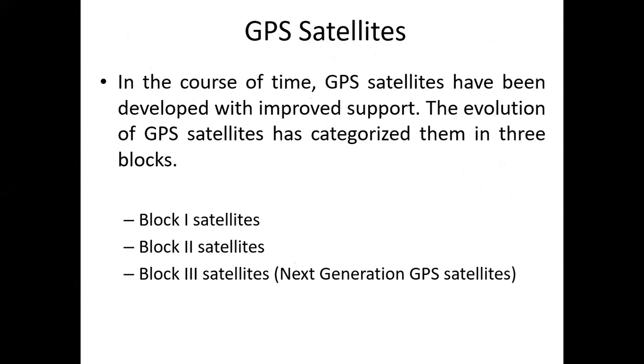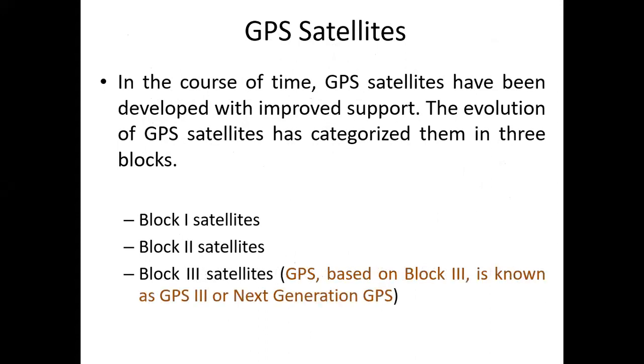So currently there are no Block 1 satellites. Later, they started launching Block 2 satellites, and finally they started launching Block 3 satellites. And these are also called next generation. The service based on these Block 3 satellites is also called next generation GPS.